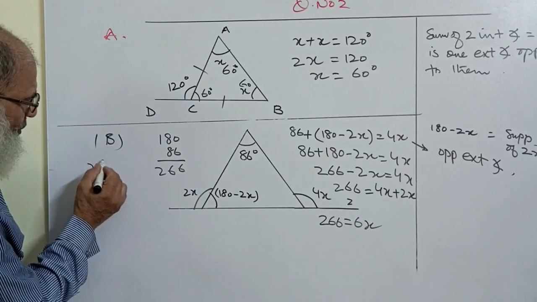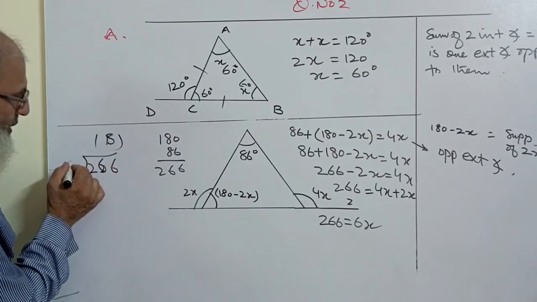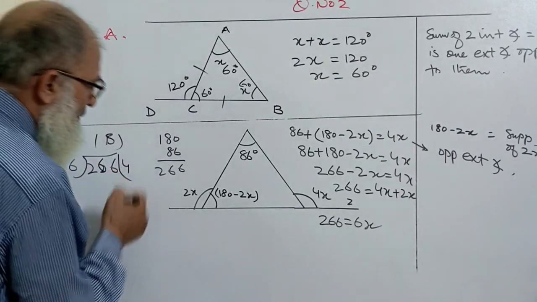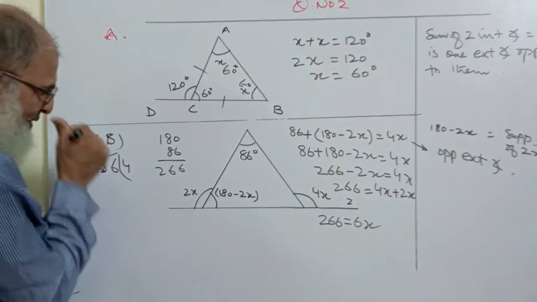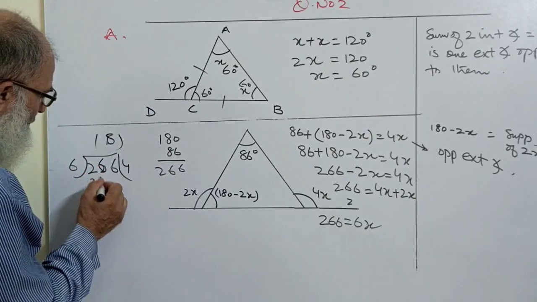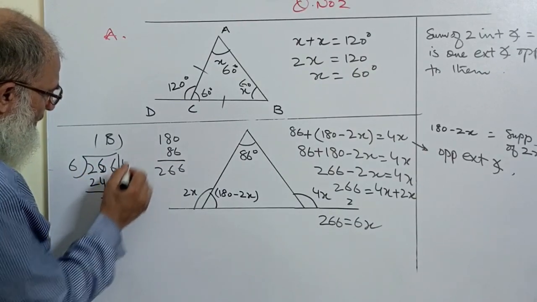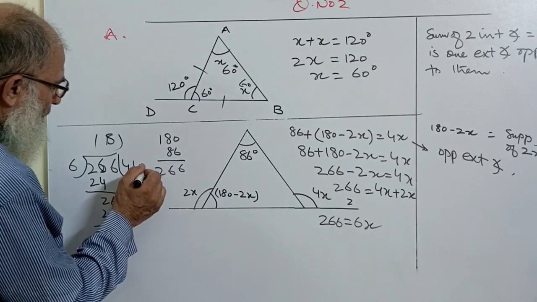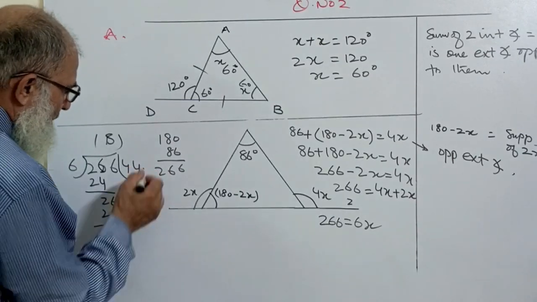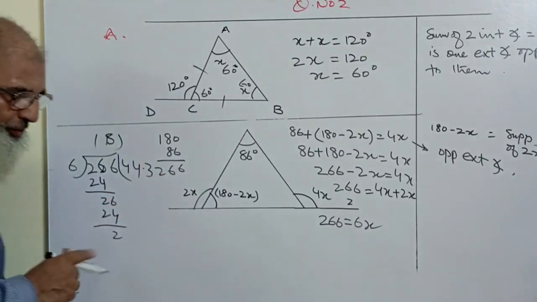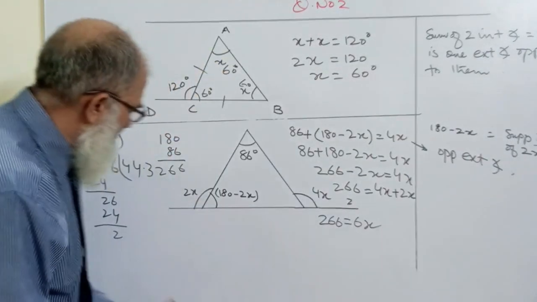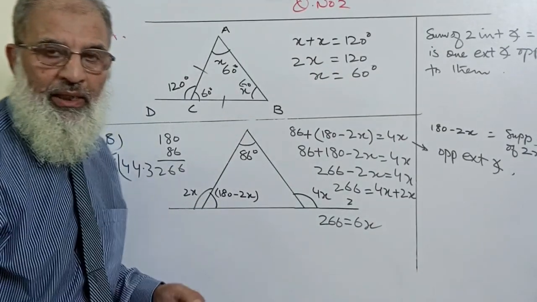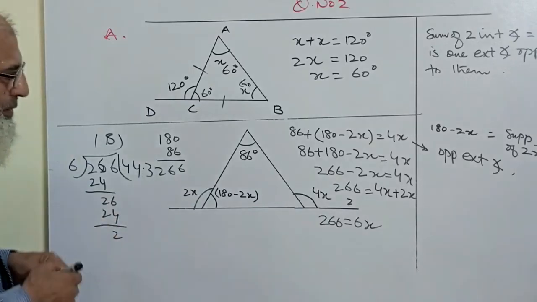We'll divide 266 by 6 now. 6 4s are 24, 2, 3, 54... So it has come in fraction.